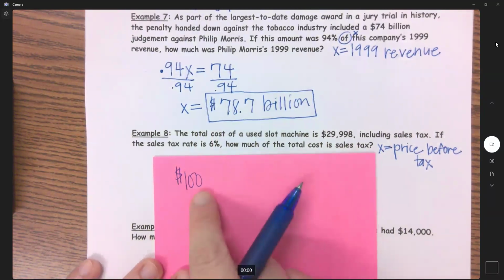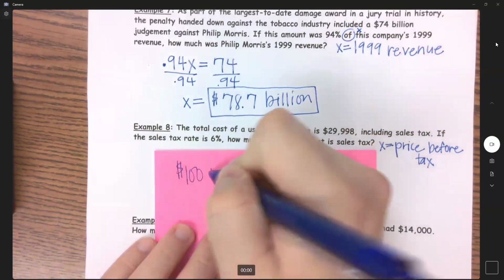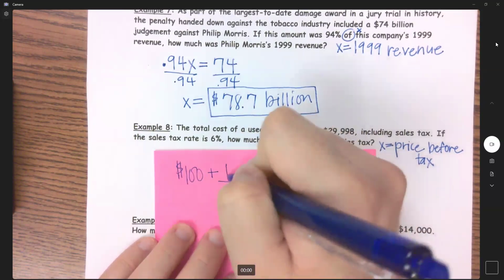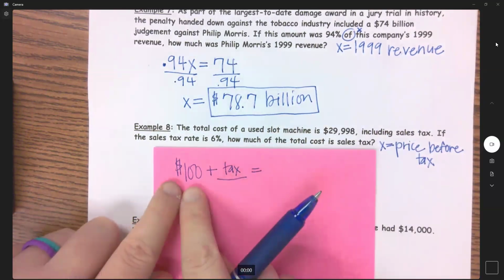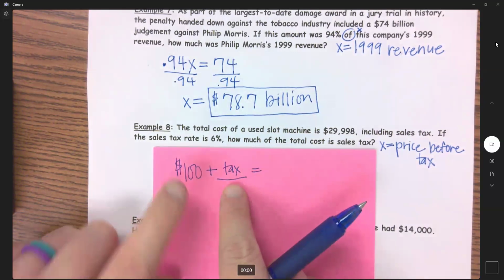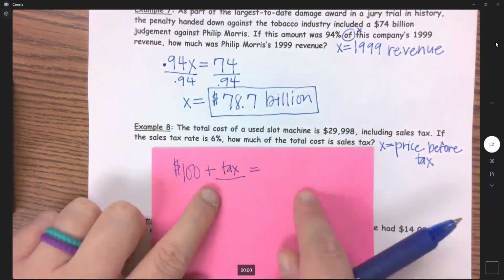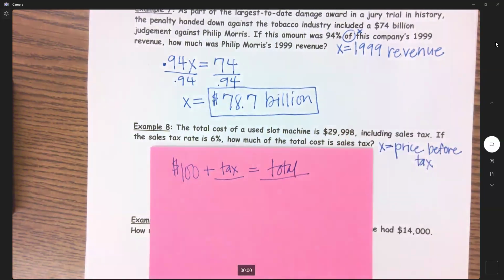They take this number here and multiply it by a percentage, and then they add that tax to your total. So now you're not just paying that 100, you're paying 100 times whatever that tax is, or adding whatever that tax is here to then get the total.